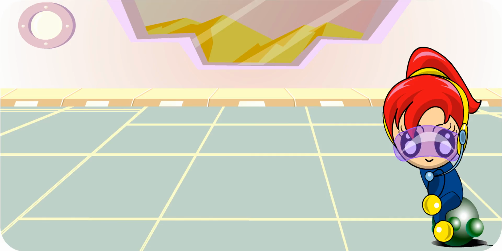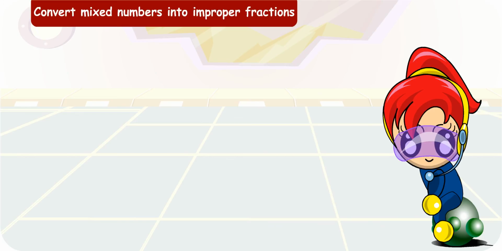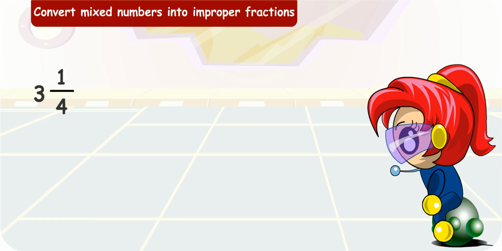After you have learned how to convert improper fractions to mixed numbers, let's learn how to work the other way around. You mean to convert mixed numbers to improper fractions? Very clever, Turbo Girl. Yes, that is what we are going to do now. Take a look at this mixed number, 3 1/4.